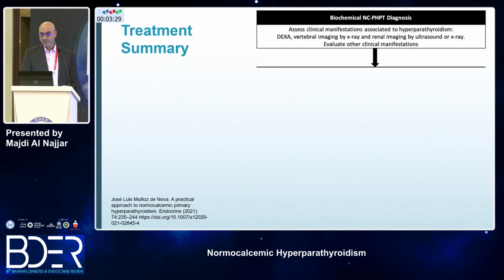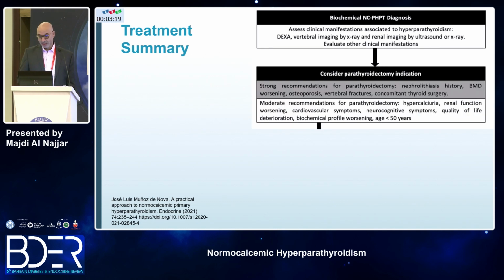So to summarize, the first thing we need is a biochemical diagnosis of normocalcemic primary hyperparathyroidism. We'll do imaging, looking for complications. And then if the patient has a strong recommendation for surgery, which includes kidney stone, fracture, worsening osteoporosis, or if the patient is going to have thyroid surgery for a thyroid nodule or whatever, then you can send them for surgery.